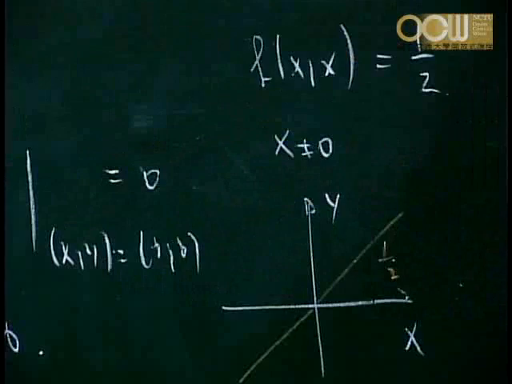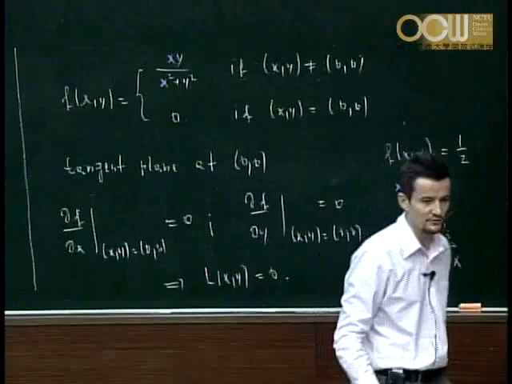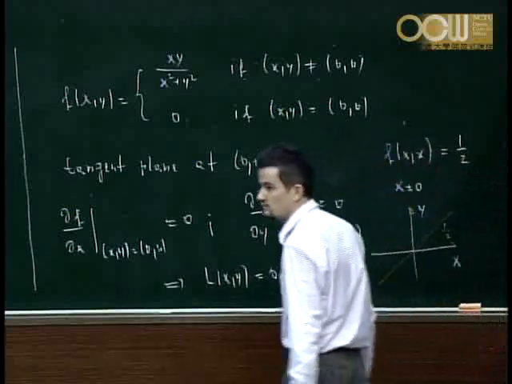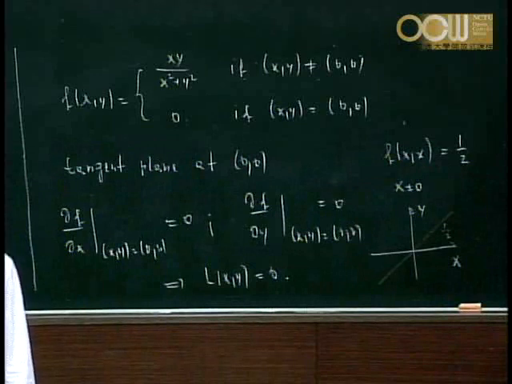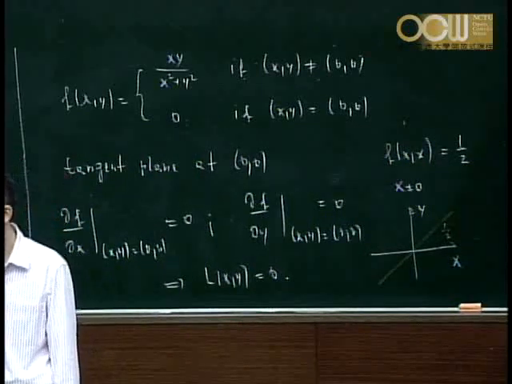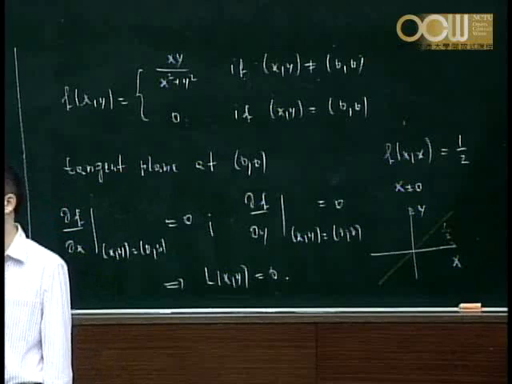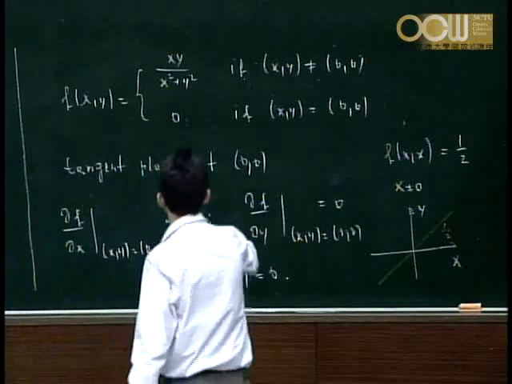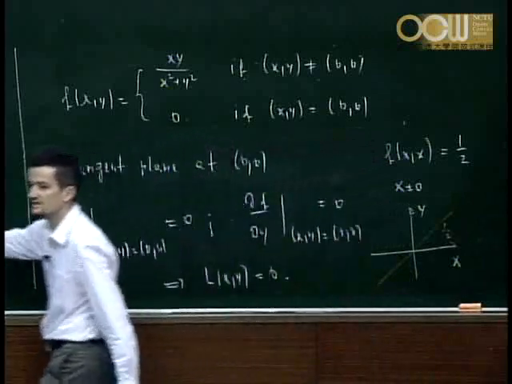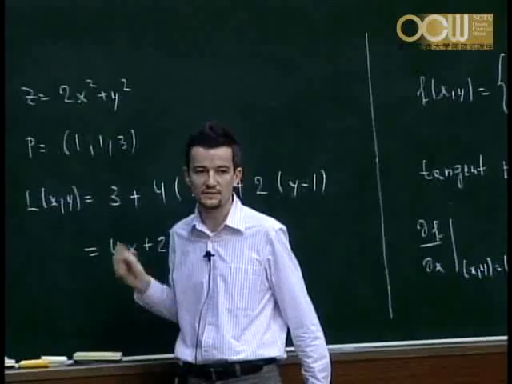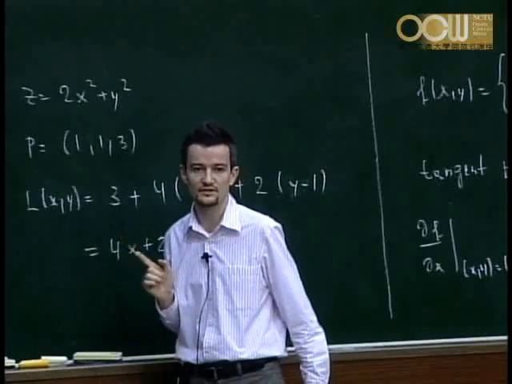And now I can tell you the definition of differentiable for a function of two variables. We will call a function differentiable if the tangent plane approximation, or linear approximation, is a good approximation. So in this case, we will say the function is not differentiable at (0, 0), whereas in this case, the function will be called differentiable at (0, 0).